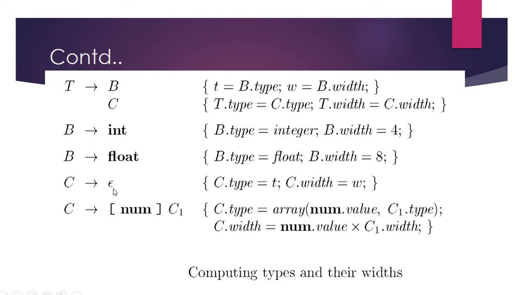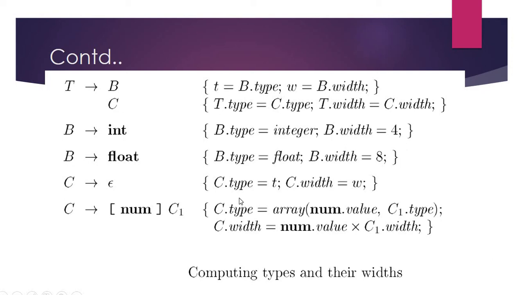Here the epsilon rules help us convert synthesized values to inherited values. We have identified T and W, the type and width found in the first production rule using a semantic action. In any grammar, when we have a synthesized attribute that we want to convert to inherited, we make use of epsilon rules.